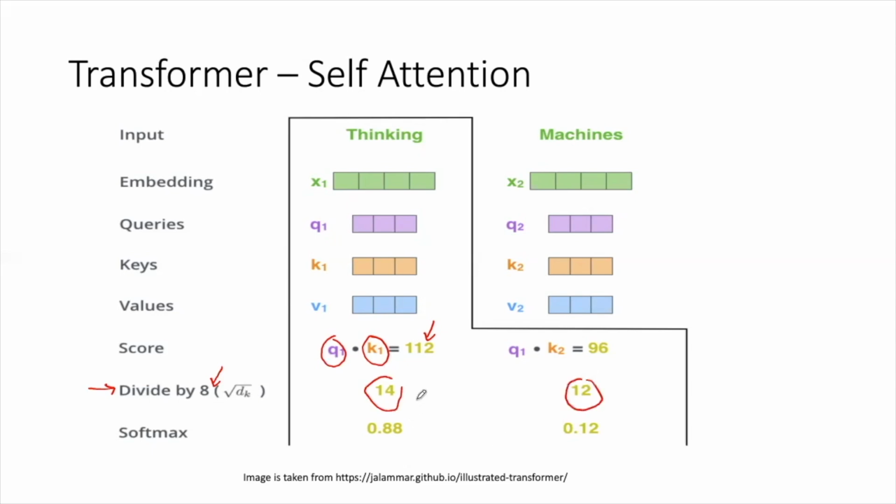Then, since these scores are not on a scale of 0 to 1, and also they don't add up to 1, we use a softmax to get probability scores. The probability is basically the probability of this key being similar to the query. So that is the score, this value that is there.